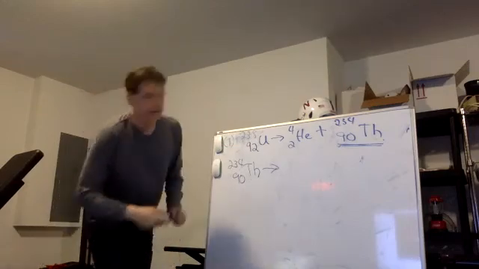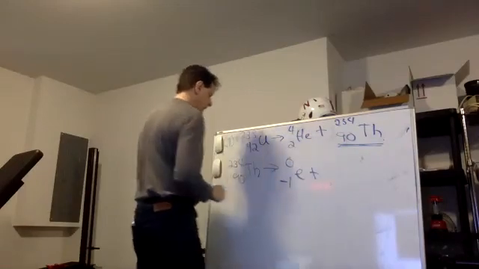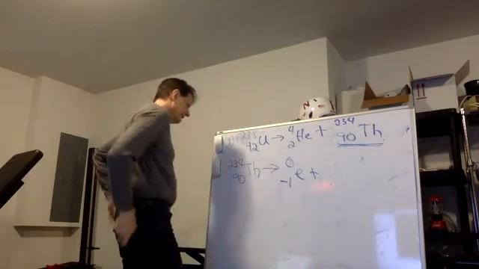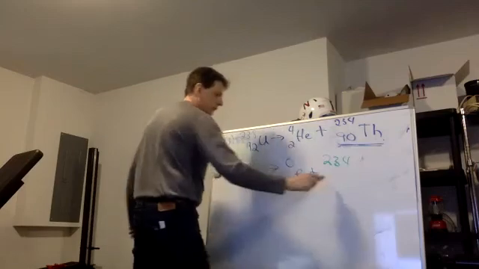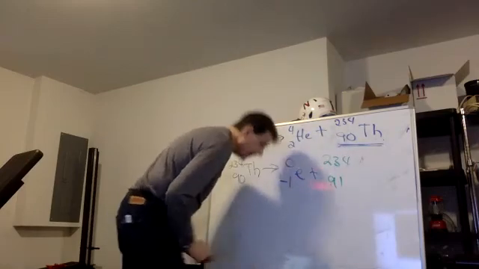And that undergoes a beta emission. So we take that, put the 234 there. And we got 91 here, and 91, we're going to have protactinium.